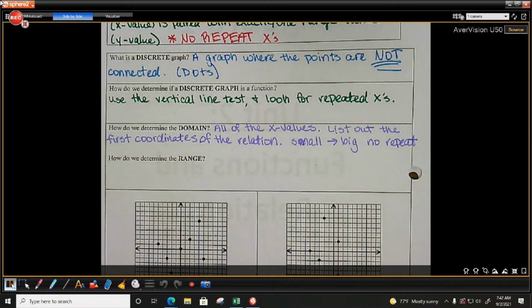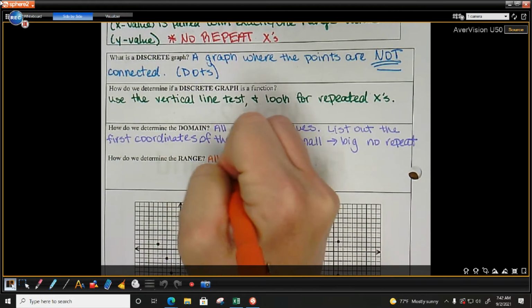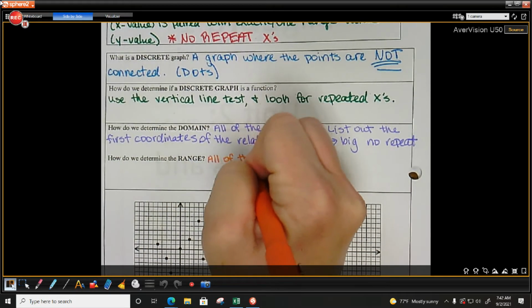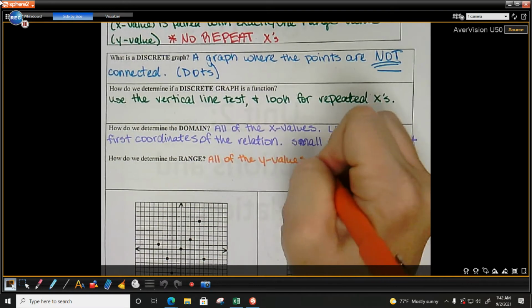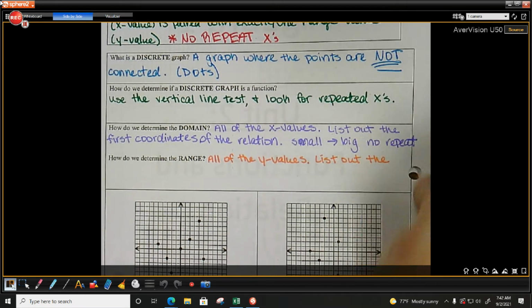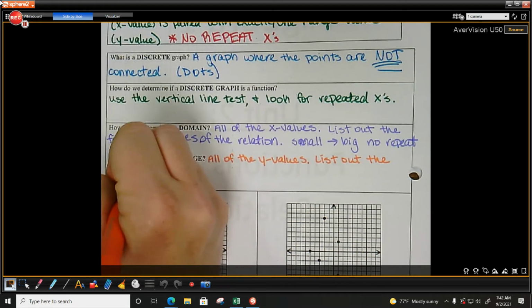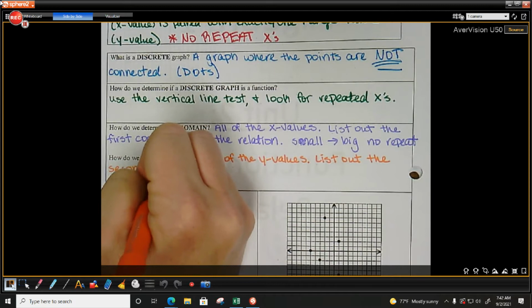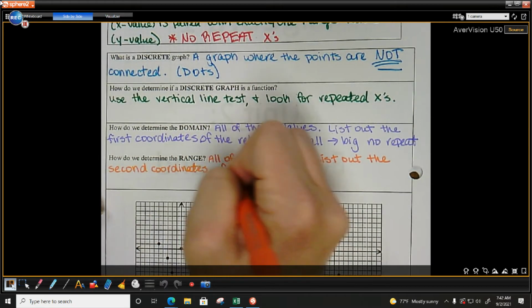Okay? So if your domain is all of the x's, what do you think your range is? All of the y's. So your range is all of the y's. And you also list out the, we wouldn't say first coordinates because your y's are your second coordinates, of the relation.